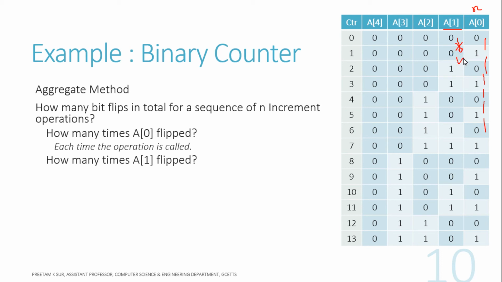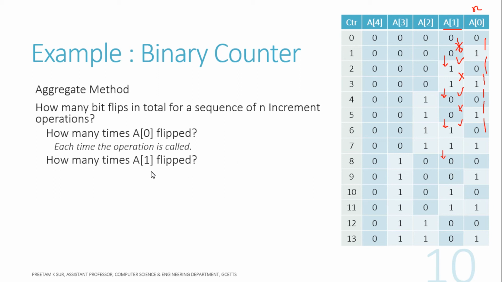In the third call it is not flipped, but in the fourth it is flipped. In the fifth it is not flipped, but in the sixth it is flipped. So the A1 bit is flipped in every two calls.